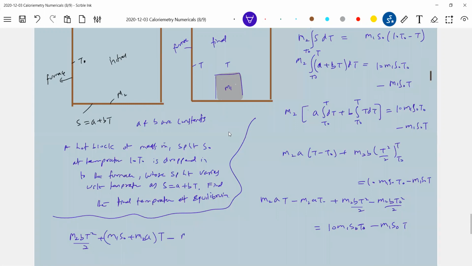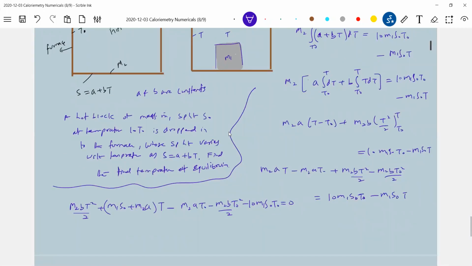Minus M2A T naught minus M2B T naught square by 2 minus 10 M1 S naught T naught. Everything here you can call beta, that is a very large term. So alpha T square plus beta T minus gamma. Solve for T.